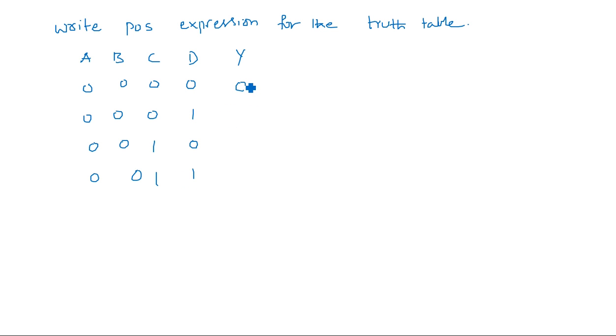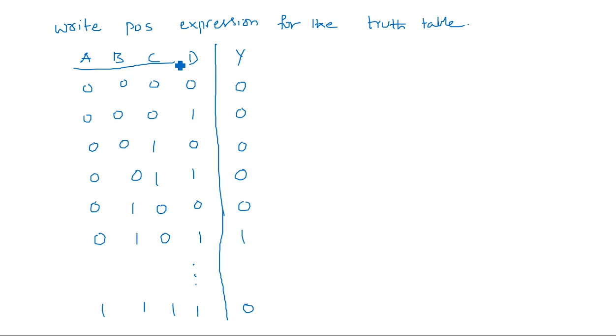Let us consider zeros for 4 and 0, 1, 0, 0. This is also 0. 0, 1, 0, 1. It is 1, and again we are having 0 at last. Let us consider an example like this.